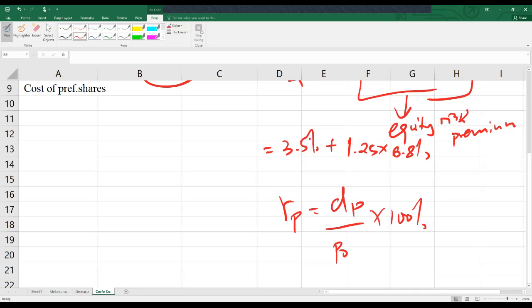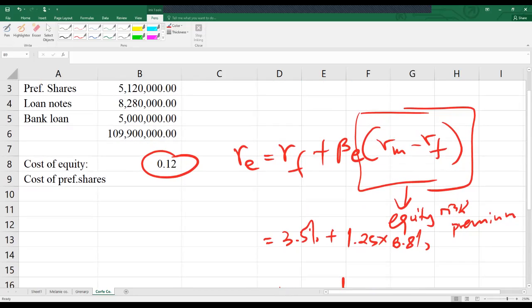Therefore, we feed in that information. The preferred dividend for this preference share is 6%, so it is 6% times the nominal value, 25 cents. That's the preferred dividend for this particular share, divided by the market value P naught, which is equal to 64 cents, 0.64.